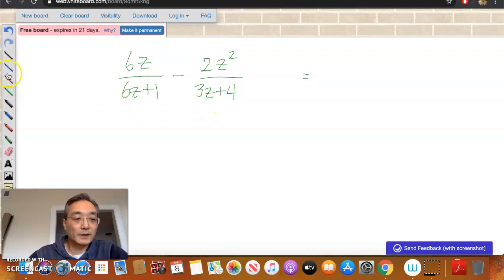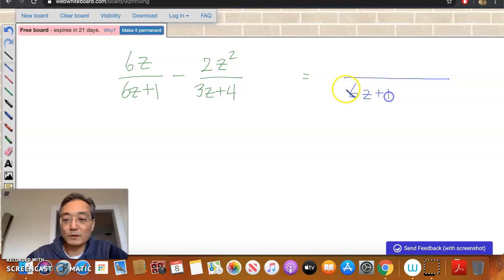So again, clearly, we have to multiply. We're going to have 6z plus 1 times 3z plus 4 as our LCD, which means that we're going to have to multiply top and bottom by whatever factor is missing in each expression.